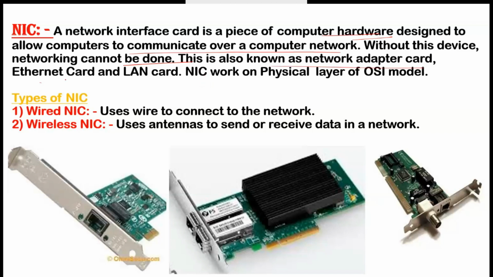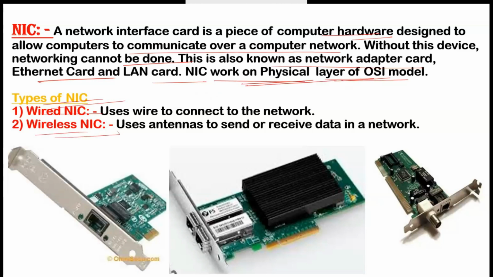This is also known as a network adapter card, Ethernet card, or LAN card; you can see this NIC by different names. NIC works on the physical layer of OSI, as we discussed in the OSI model. On the physical layer, we have the cable and connector, and this NIC is also a connector. So it works on the physical layer.